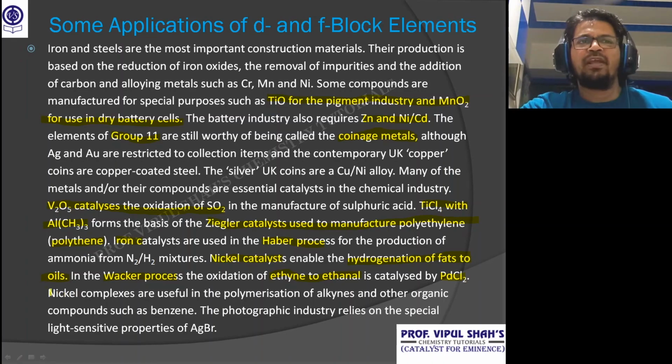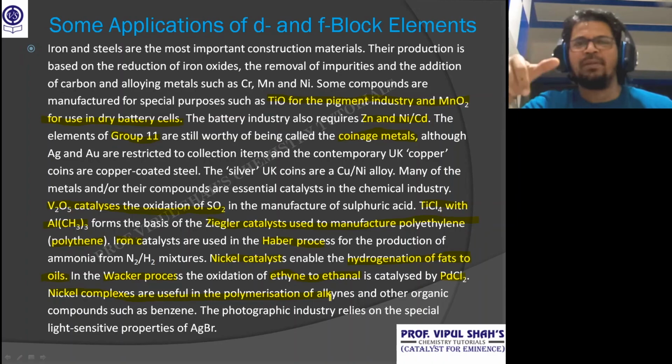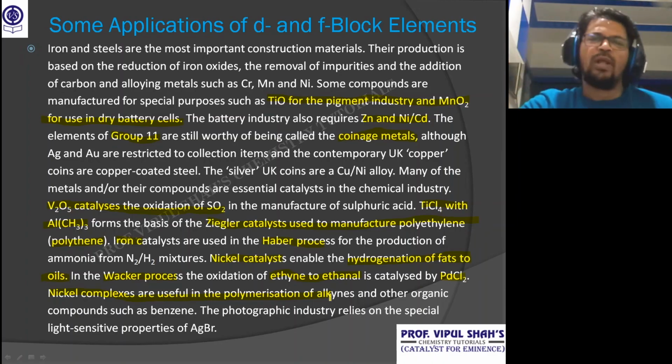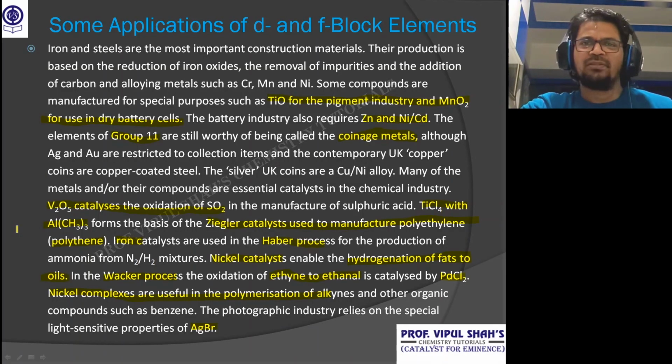And next, we have nickel complexes, that's for the polymerization part, where it forms nickel acetylide, or what we call organo-nickel compounds, meaning carbon atoms bonded to nickel, where nickel provides its vacant orbitals and complexes are formed. And last, in the photographic industry, a special property of AgBr, silver bromide, is used. That's it. We are done with this chapter. This chapter is over. All right. Okay. Thank you.